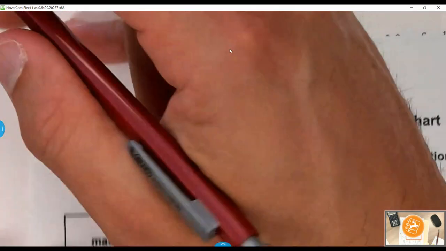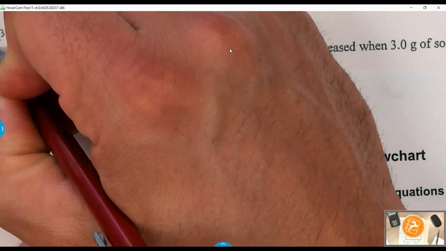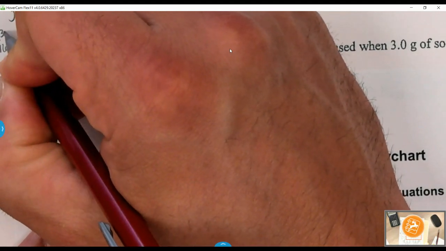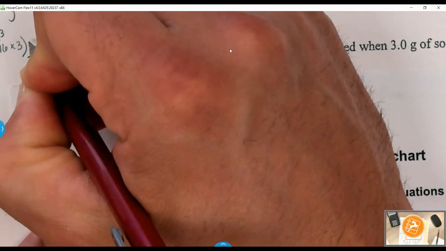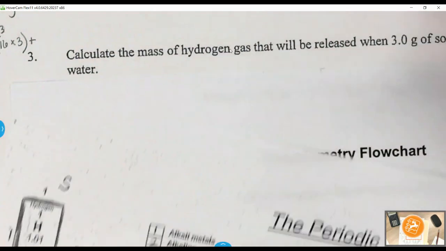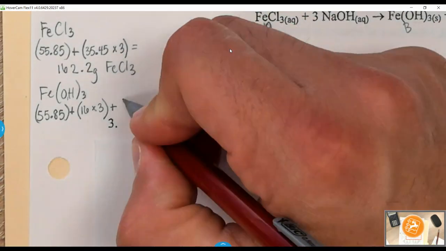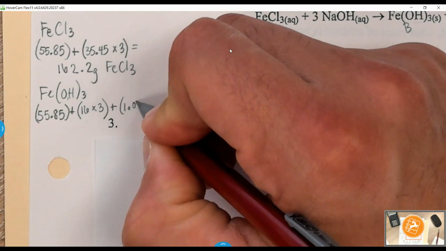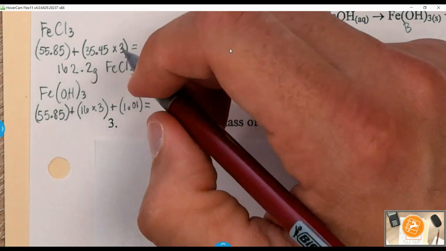So we have to do oxygen, which was that 16, times 3, plus hydrogen, which is 1.01. And multiply that together.